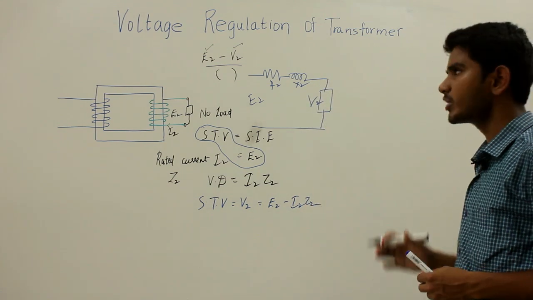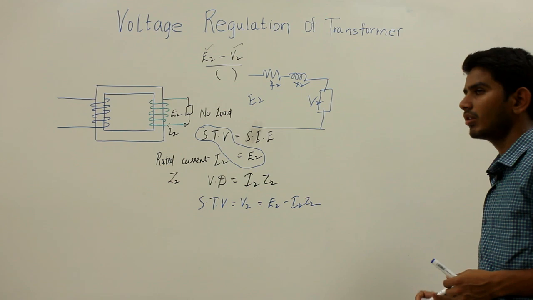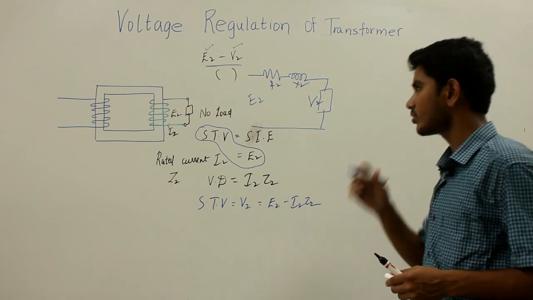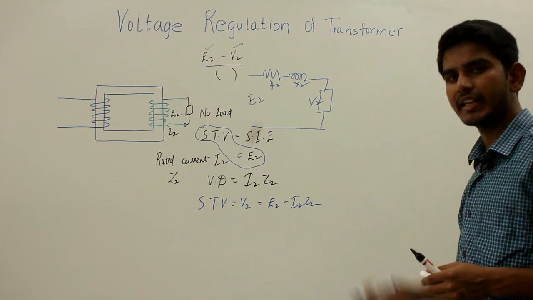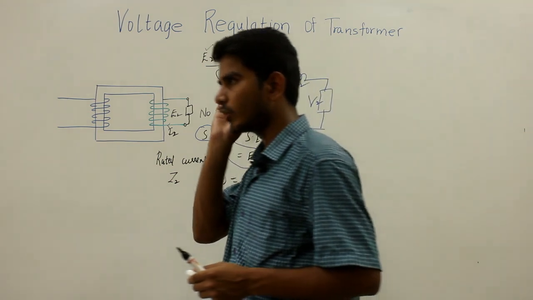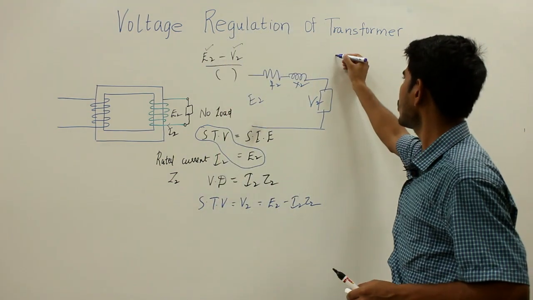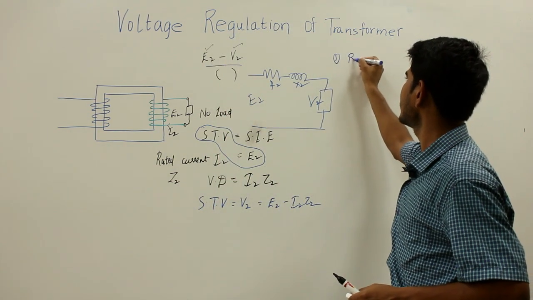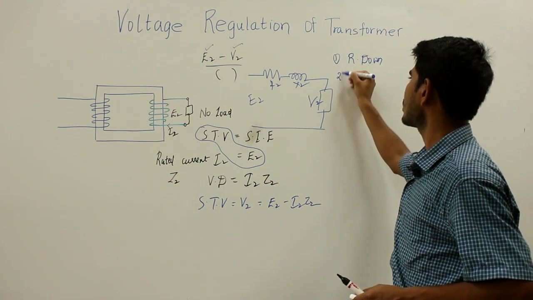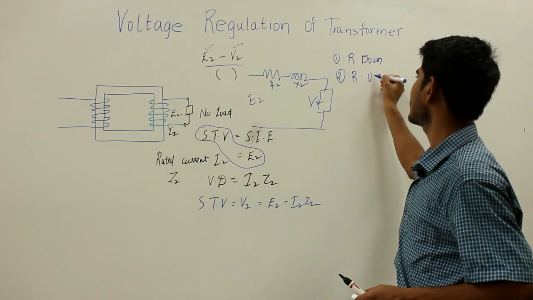Now the expression for voltage regulation can be given in two forms, based on the reference voltage we are using. One form is regulation down, and the other form is regulation up.